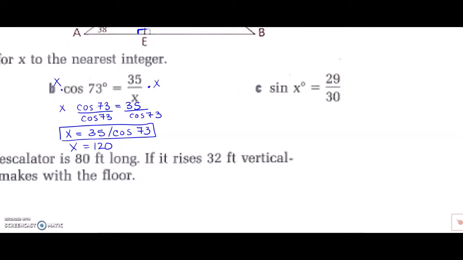Now, I did mention when we started this unit that there is not multiplication between there. Any trig function is referring to the ratio of the sides formed by that angle. So you cannot divide sine out. What we need to do here, we need an inverse function, something that will undo the trig function.